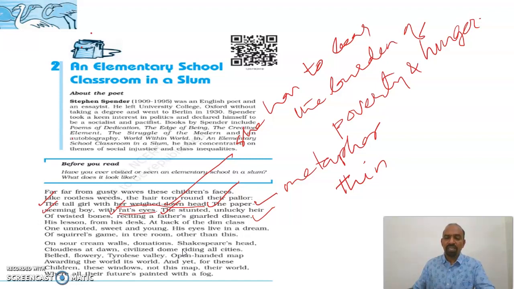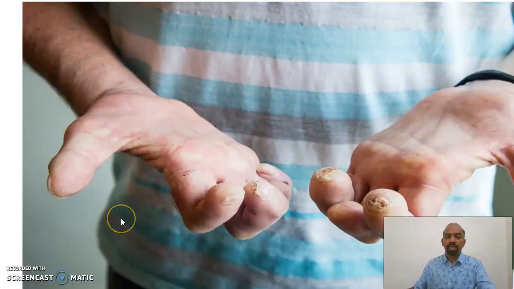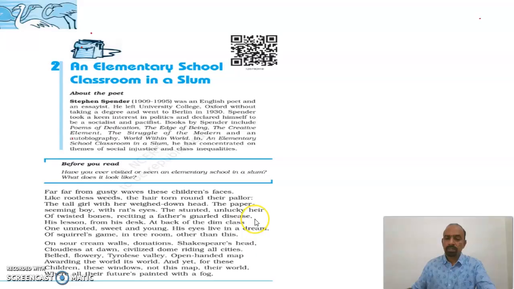And he was really the unlucky heir of his twisted bones, reciting a father's gnawed disease. I will show you what is the condition of this gnawed disease with the help of a picture. Look at this hand. This is an example for gnawed disease.